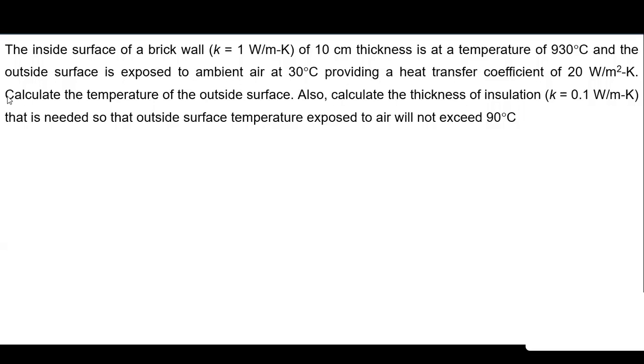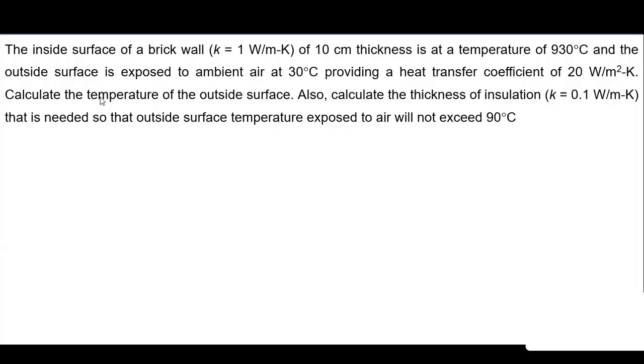Now what are we expected to calculate? Calculate the temperature of the outside surface. Also calculate, there is another condition, the thickness of insulation needed if the wall is insulated with an insulation having thermal conductivity 0.1 watt per meter Kelvin, in order to keep the outside surface temperature exposed to air not more than 90 degrees Celsius.